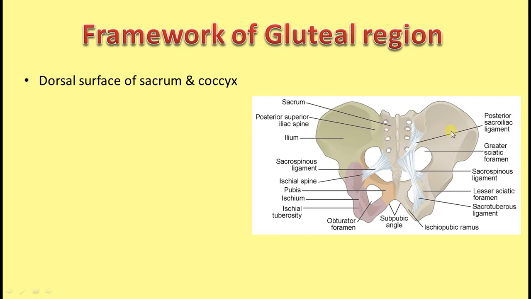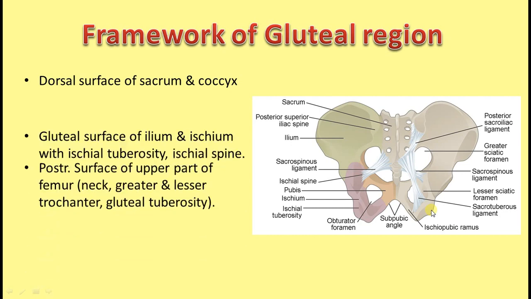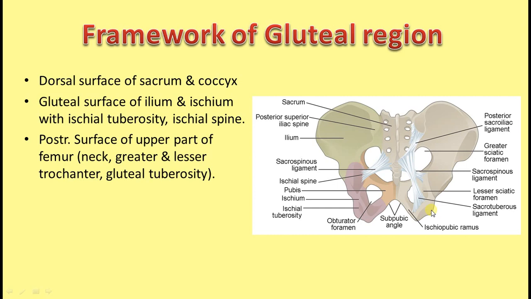So lateral to medial, these are all the structures, mainly the dorsal surface of the hip bone, followed by, as I told you, the upper part of the femur, mainly the dorsal surface of the neck and the greater and the lesser trochanter, the intertrochanteric crest. Okay, so the greater and lesser trochanter and the gluteal tuberosity.